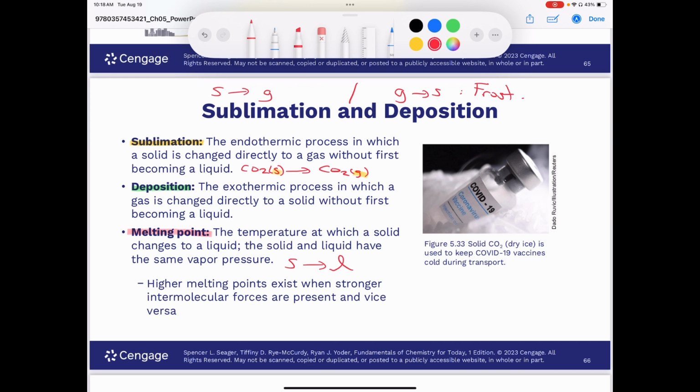If you compare something like sugar. Sugar is a solid, okay, versus, I don't know, something like butter. Butter's a solid too, okay? They're both solids, but sugar has a higher melting point than butter. Why? It must mean that the intermolecular forces in sugar are stronger than those in butter, and that's absolutely true.